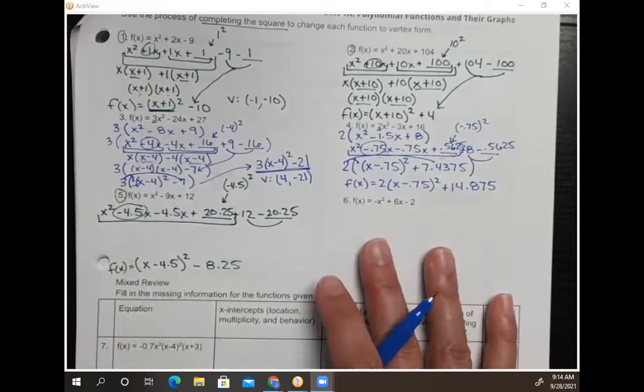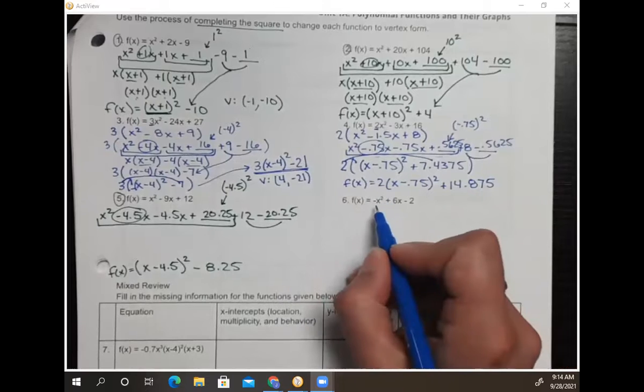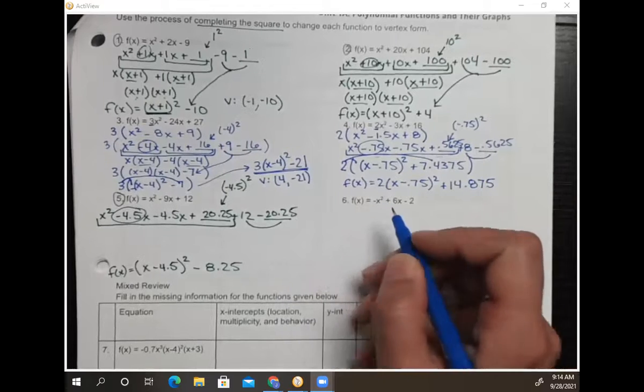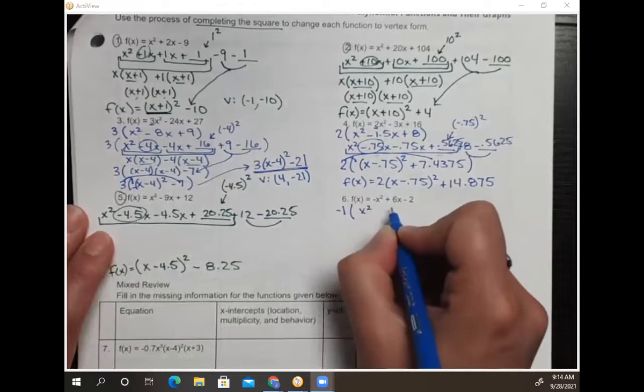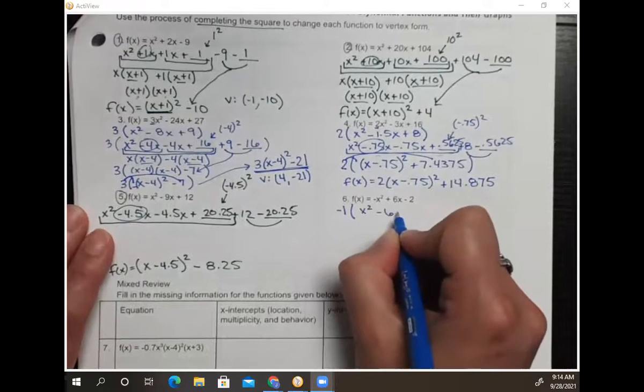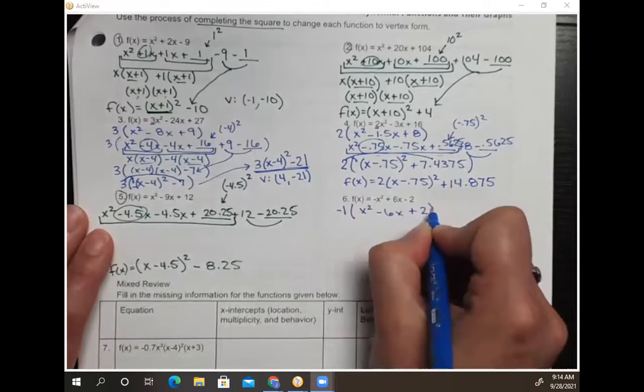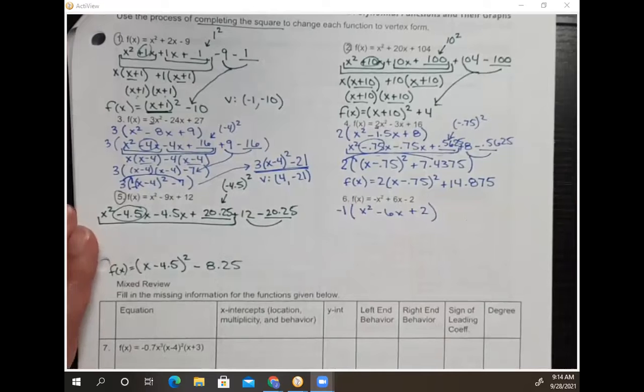And then finally, let's take a look at number 6. Number 6, my lead coefficient is -1. So I'm going to factor -1 out of every term. So this would be x squared minus 6x plus 2. So I've just changed the signs on everything. And now again, I'm going to split the middle term.